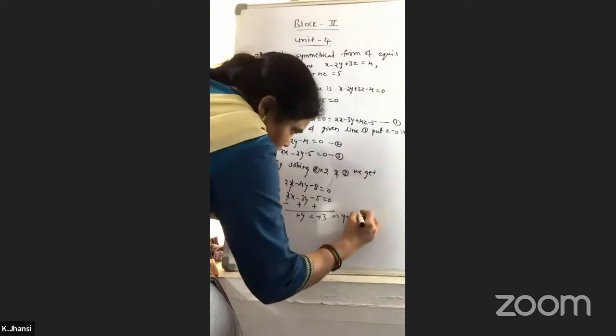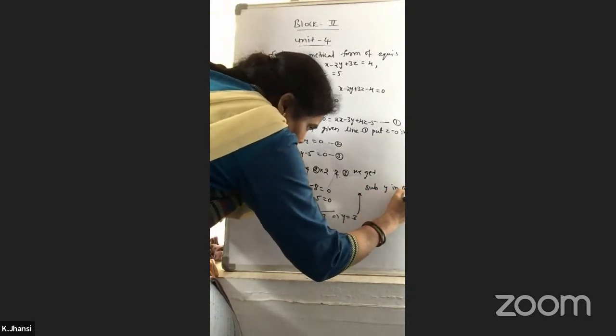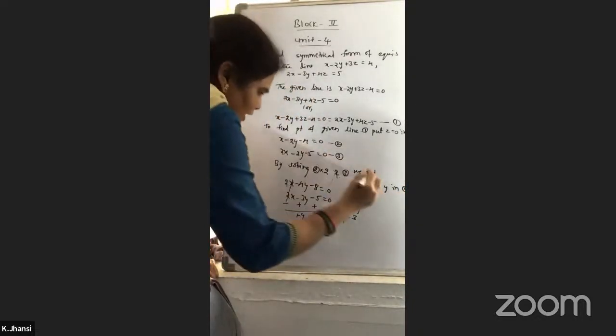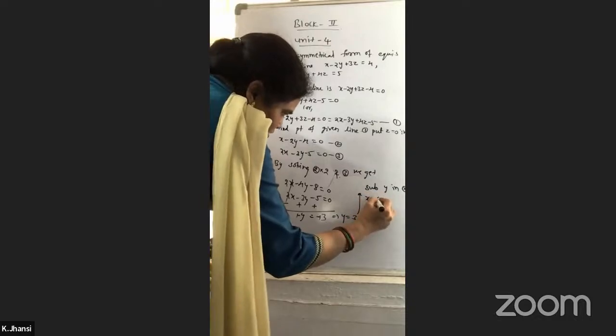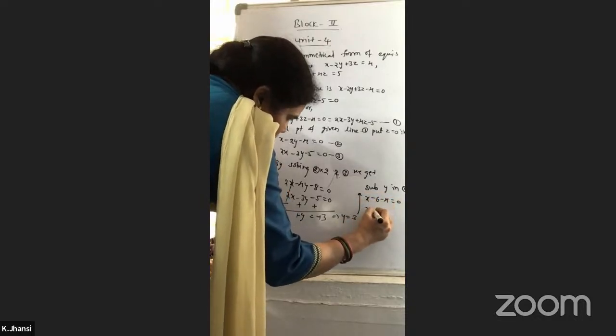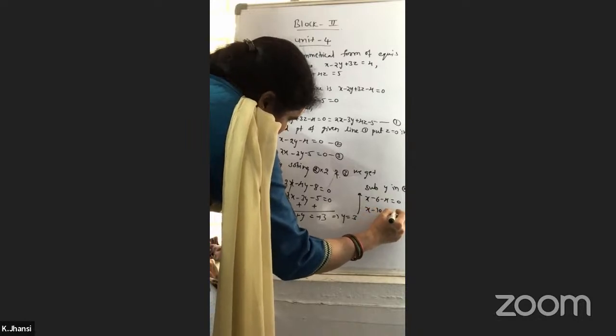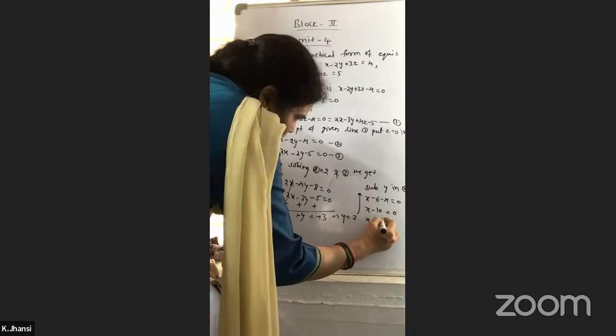So substitute this y in equation 2. What you will get, x minus 2 into 3 is 6, 6 minus 4 equals to 0. This is minus 10. So x equals to 10.